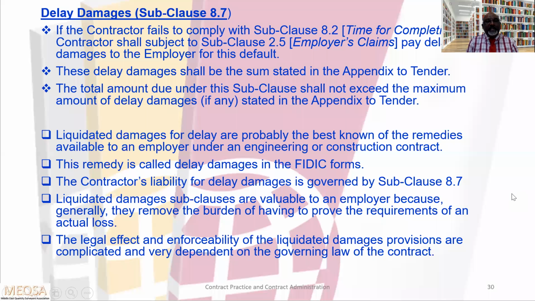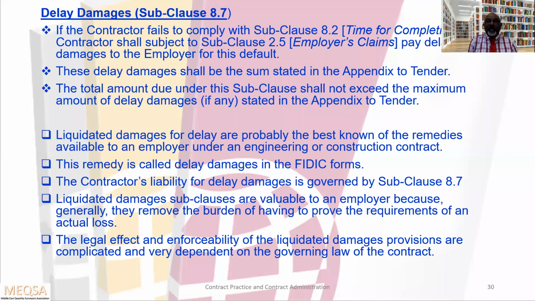Delay damages. Liquidated damages for delay are probably the best known of the remedies available to an employer under an engineering or construction contract. This remedy is called delay damages in the FIDIC forms. The contractor's liability for delay damages is governed by subclause 8.7.